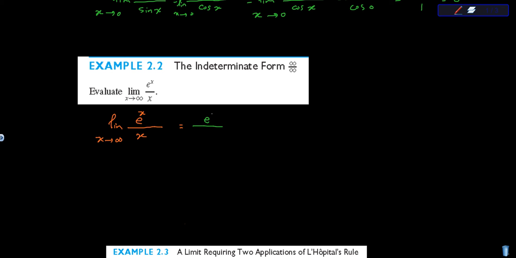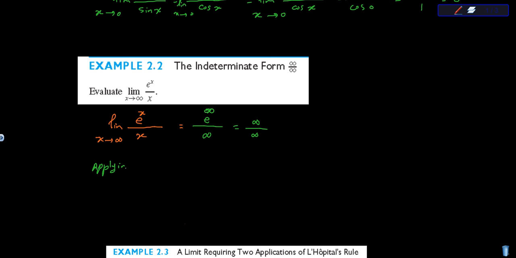This gives e to the power infinity over infinity, which is infinity over infinity. This is the second case of L'Hopital's rule. Be careful: 0 over 0 or infinity over infinity. Now we can apply L'Hopital's rule here.